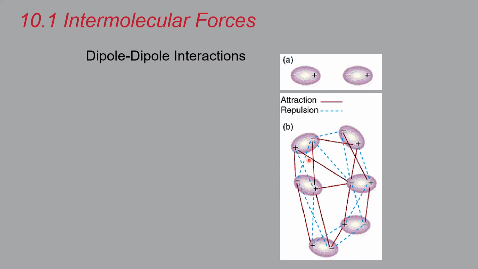But if you arrange things correctly, the attractions are going to outweigh the repulsions, and overall there is a net attractive force. These molecules are drawn together and they will form a liquid or a solid. So this is due to the interactions between molecules that have a permanent dipole moment, polar molecules.